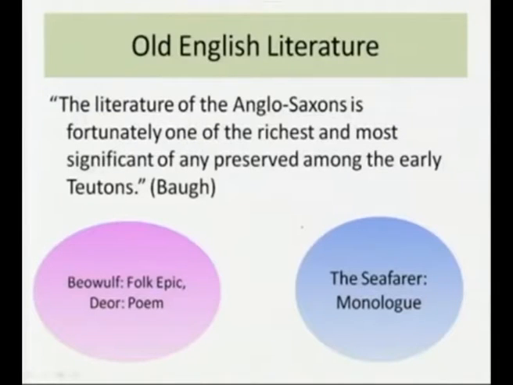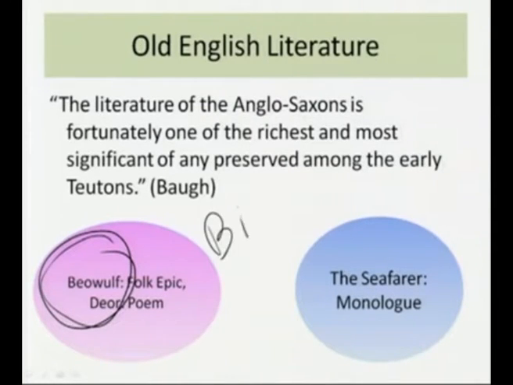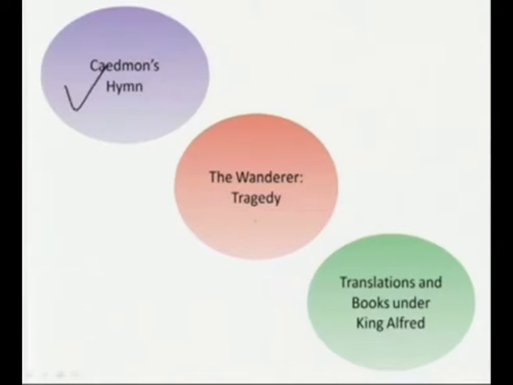And this is a text, look at this slide, the title of a text that many of you are familiar with. The text is Beowulf. There is also The Seafarer, Caedmon's Hymn, the elegy The Wanderer, and translations that took place under its very famous king, known as King Alfred.